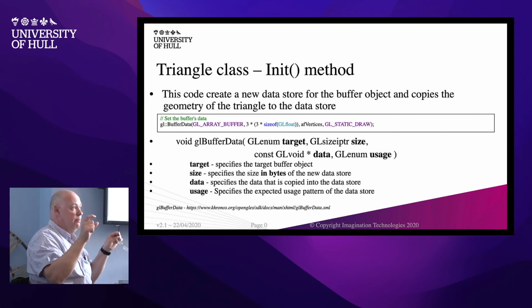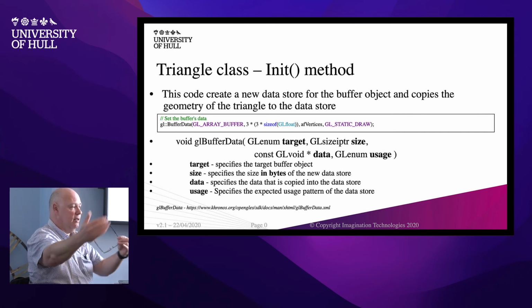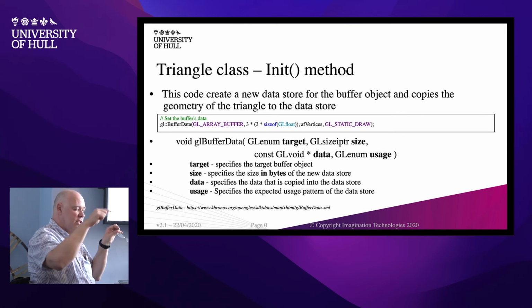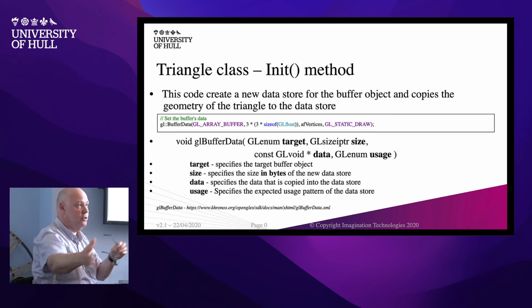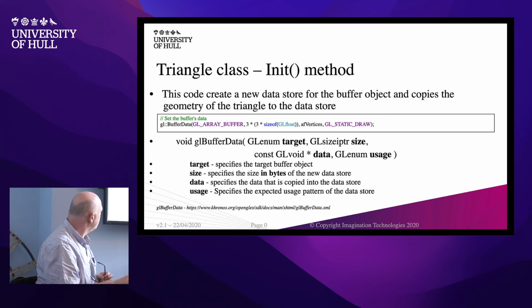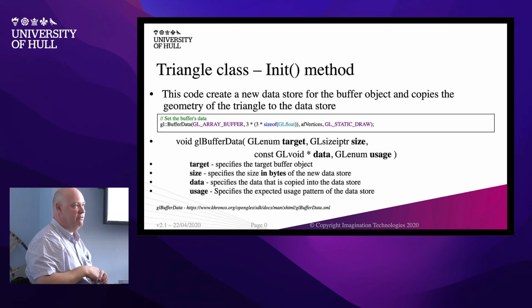Now we've set the buffer, and we need to send our 9 floats, our XYZ, XYZ, XYZ, across to the GPU to be stored in the VBO we've just said we want to use. So we use this buffer data. We set the target, which is just an array buffer.